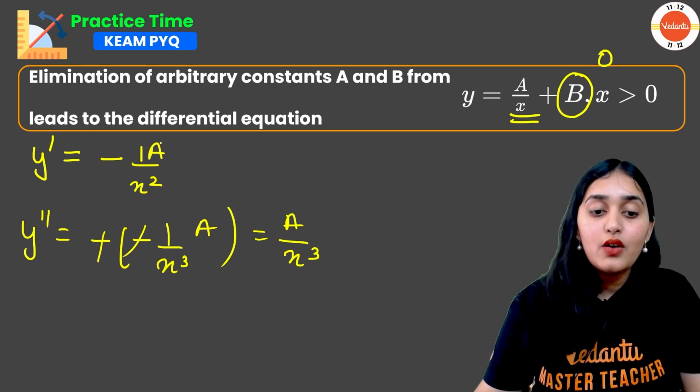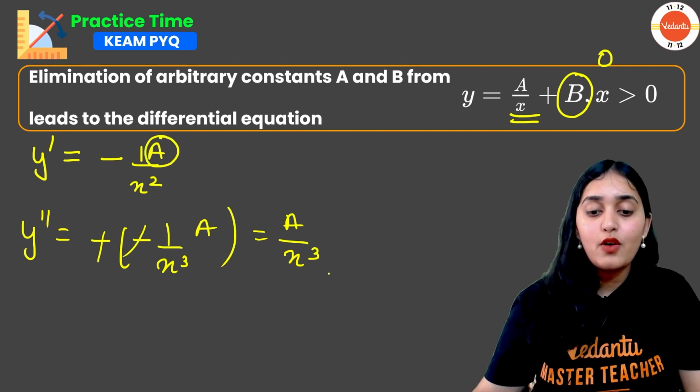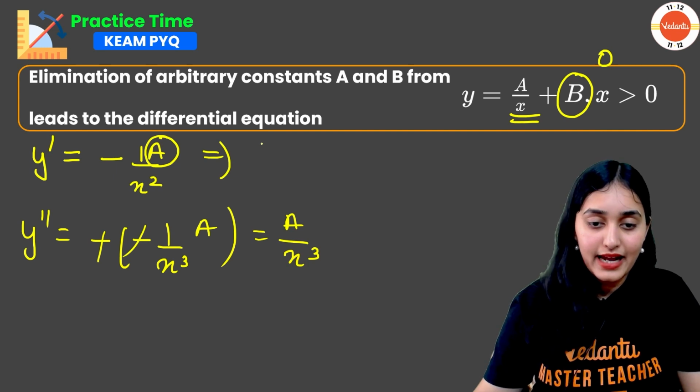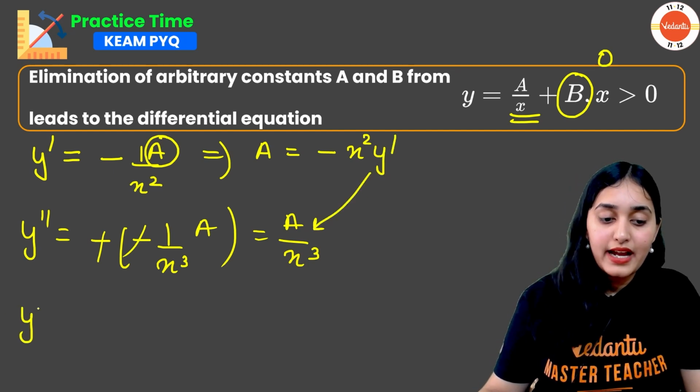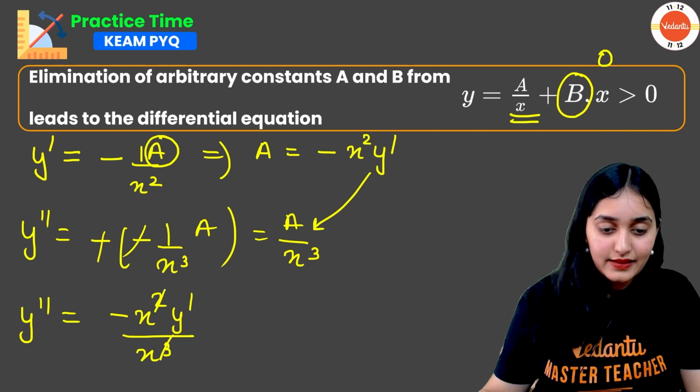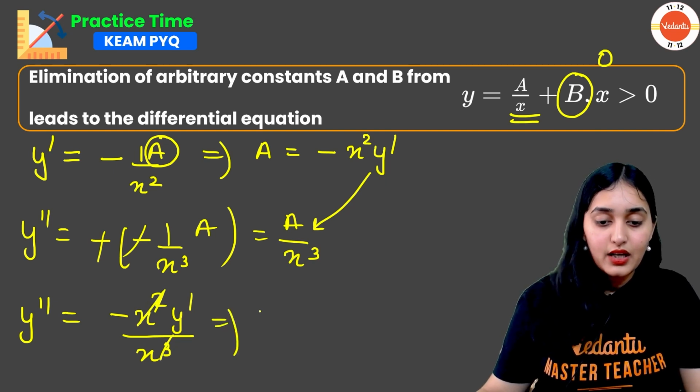Simple. Now let's put the value of a over here. So this implies that a is equal to minus x square y dash. Let's put this over here. So y double dash is minus x square y dash upon x cube. Square and cube cancelled. So we have y double dash is minus y dash upon x.